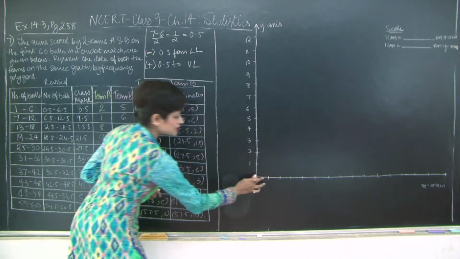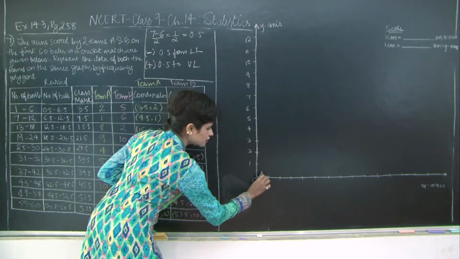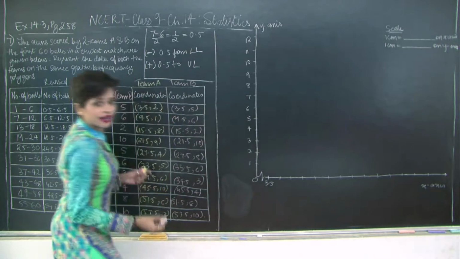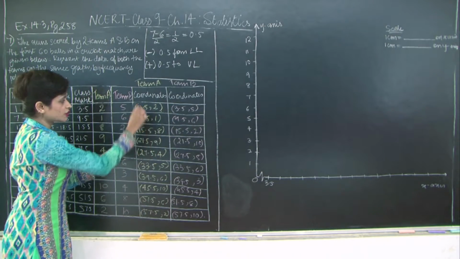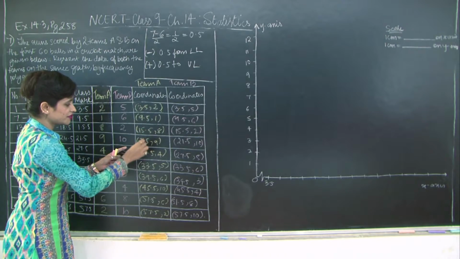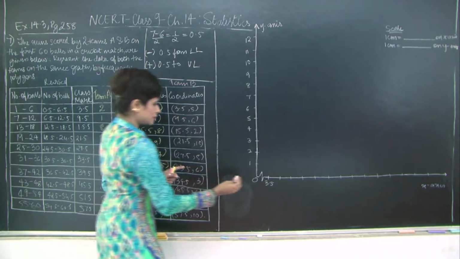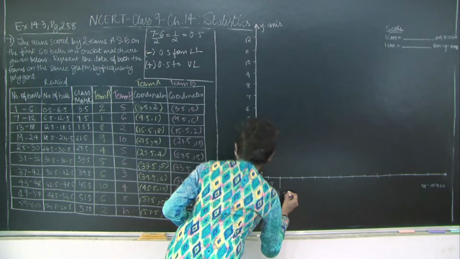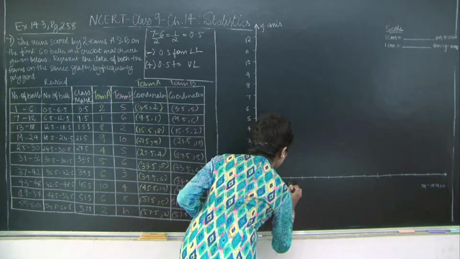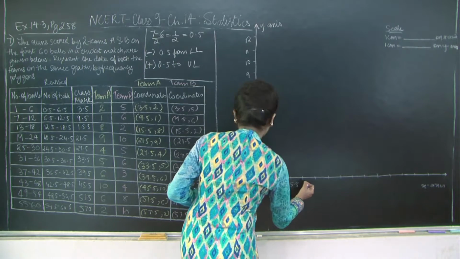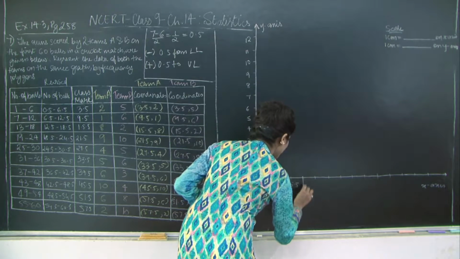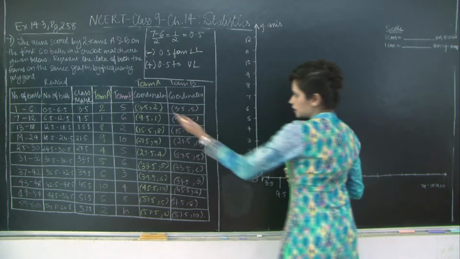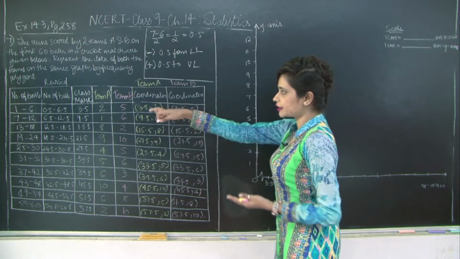What I am going to do is insert a kink and start with 3.5 and take these continuous intervals: 3.5, 9.5, 15.5, then 21.5. I am just taking the continuous upper limits and lower limits, or the continuous intervals.